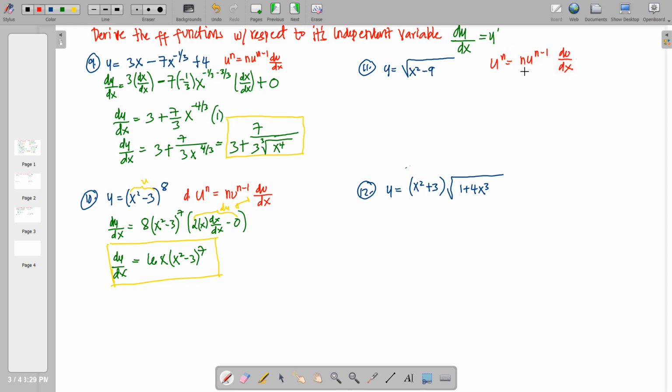So our u in this particular problem is equal to x squared minus 9. So our du is, deriving u here, another algebraic form, 2x dx over dx, or this times 1, minus 0.